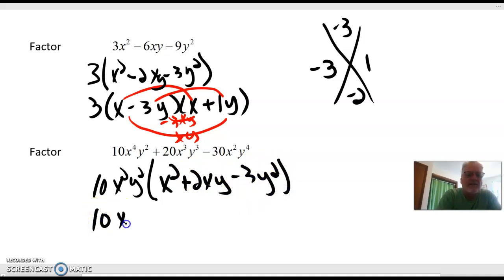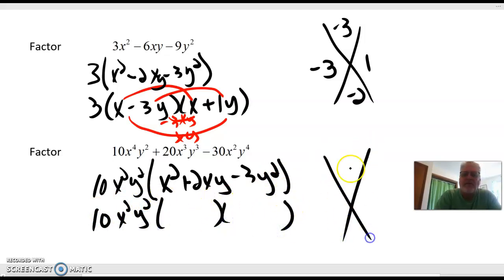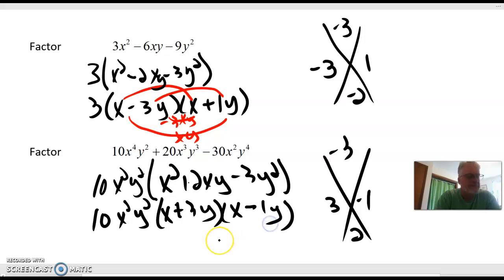So that 10x squared y squared stays out there. And now I have factors of -3 that add up to be 2. That would be 3 and -1. So that's going to give me an x plus 3y and an x minus 1y.